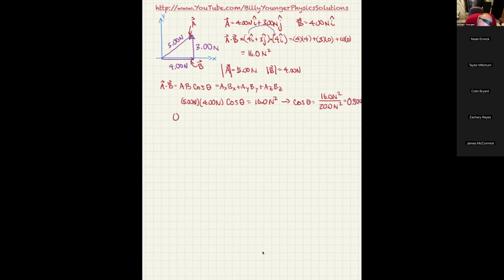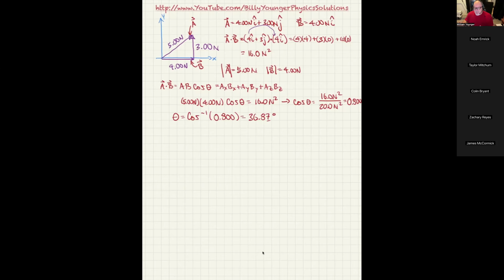And therefore, theta equals the cosine inverse of 0.800. And when you do that, shift cosine inverse 0.8, you get 36.87 degrees, which is exactly what we expect for the 3-4-5 triangle.